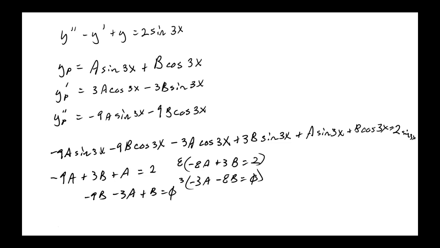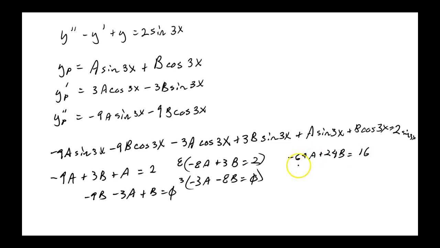If I multiply this one by 3, that gives me a minus 24b. Then you can add the two equations to each other, and you eliminate the b. That's called elimination by addition. So the first equation will be minus 64a plus 24b is equal to 16, right?